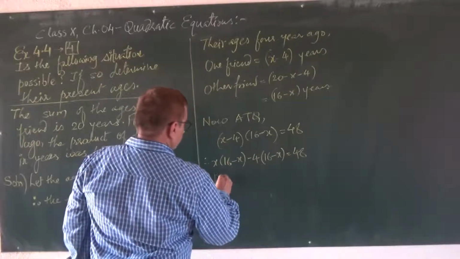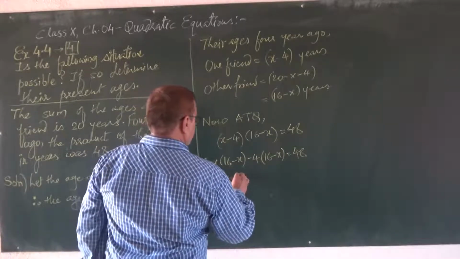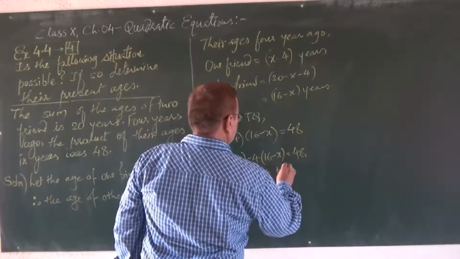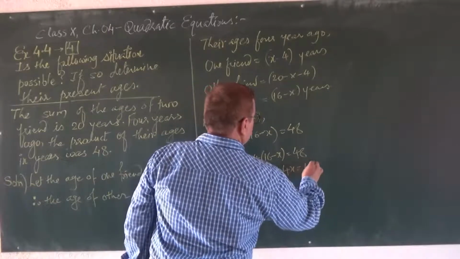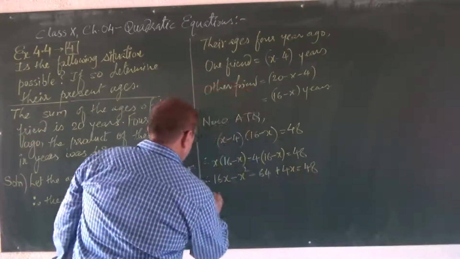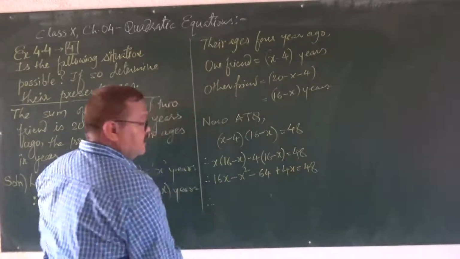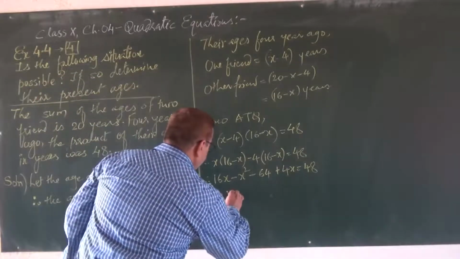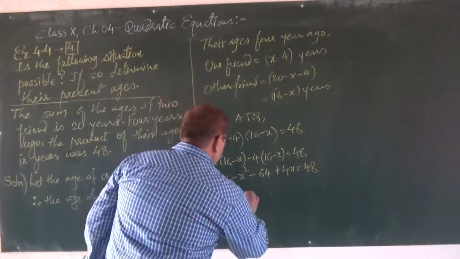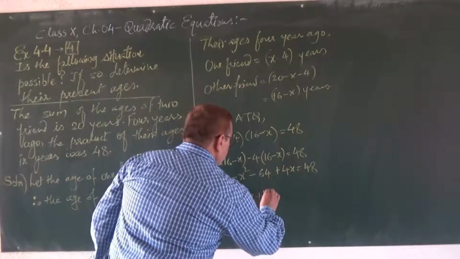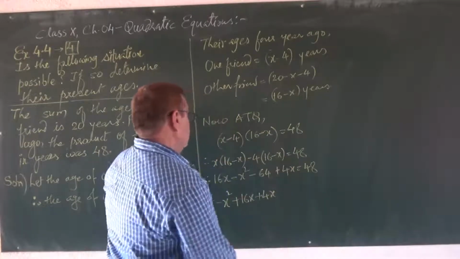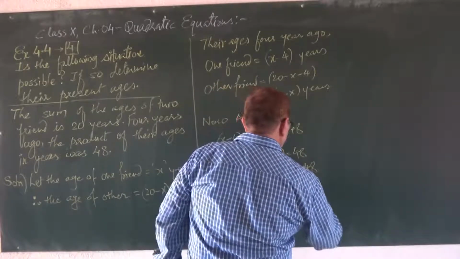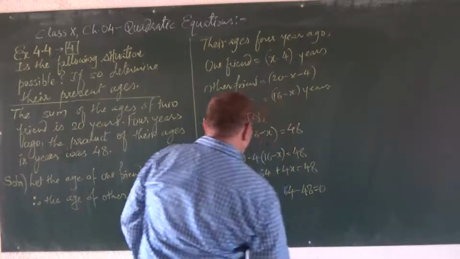So therefore 16x minus x square minus 64 plus 4x is equal to 48. So we will arrange it as ax square plus bx plus c. So minus x square plus 16x plus 4x. Then minus 64, take 48 to this side, minus 48 is equal to 0.